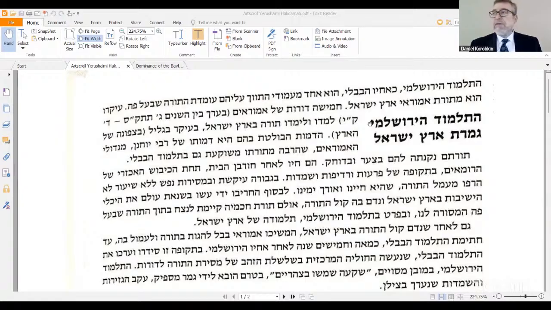So the primary feature of the Talmud Yerushalmi is the voice of Rabbi Yochanan, one of the greatest of the Amoraim, whose Torah is really ubiquitous in this text, and whose imprint is found in the Talmud Bavli as well.